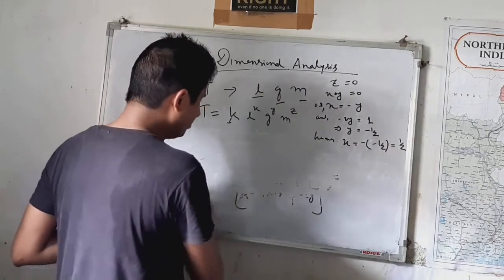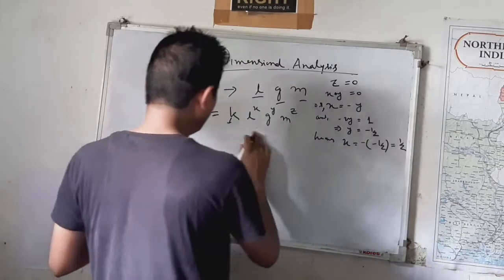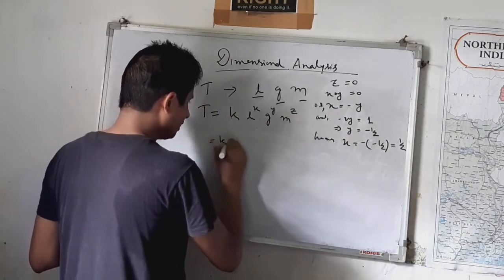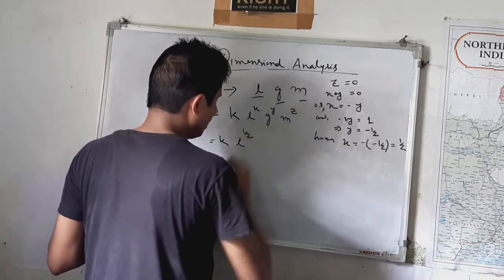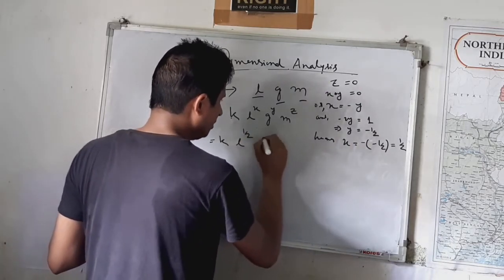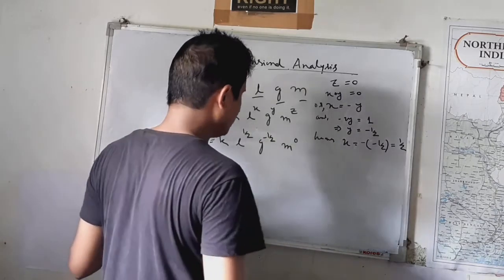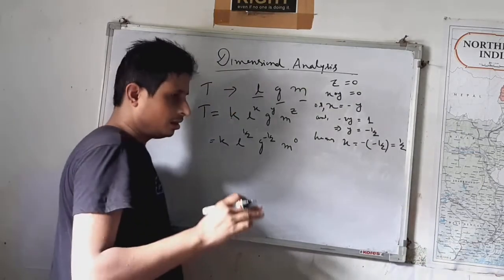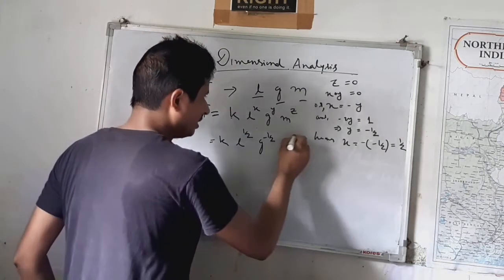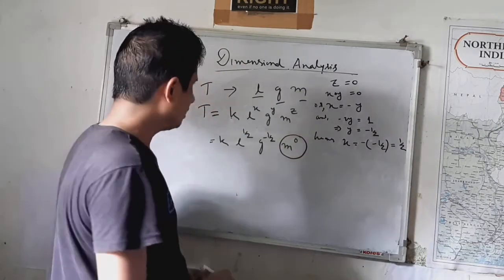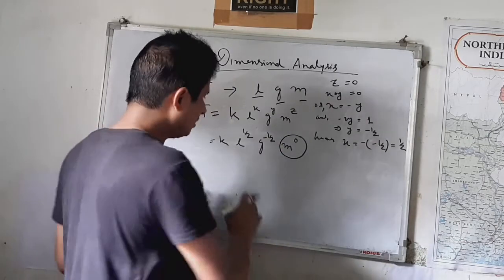Now if we put the values of x, y, z in this equation, then you will get k L to the power half, g to the power minus half, and m to the power 0. That means the term mass is not involved in the time period equation of the simple pendulum.